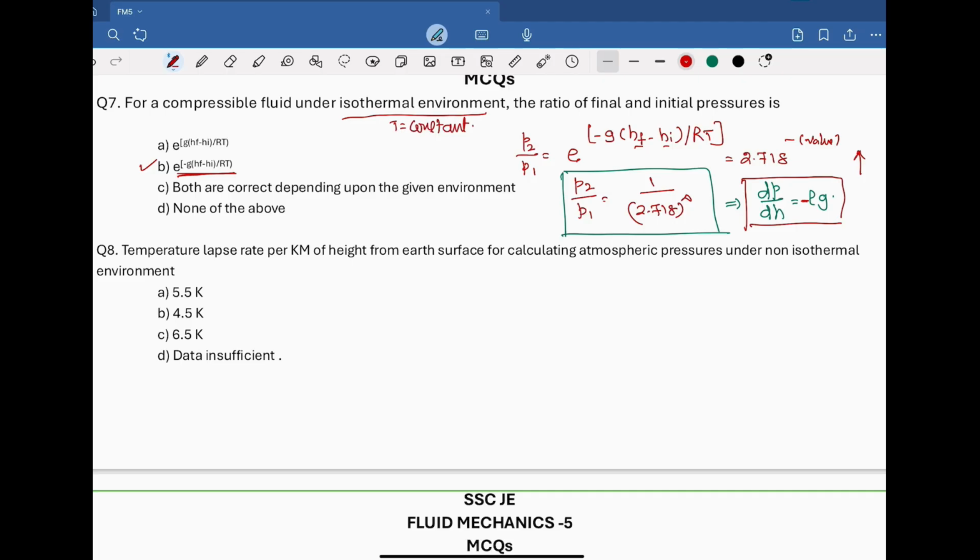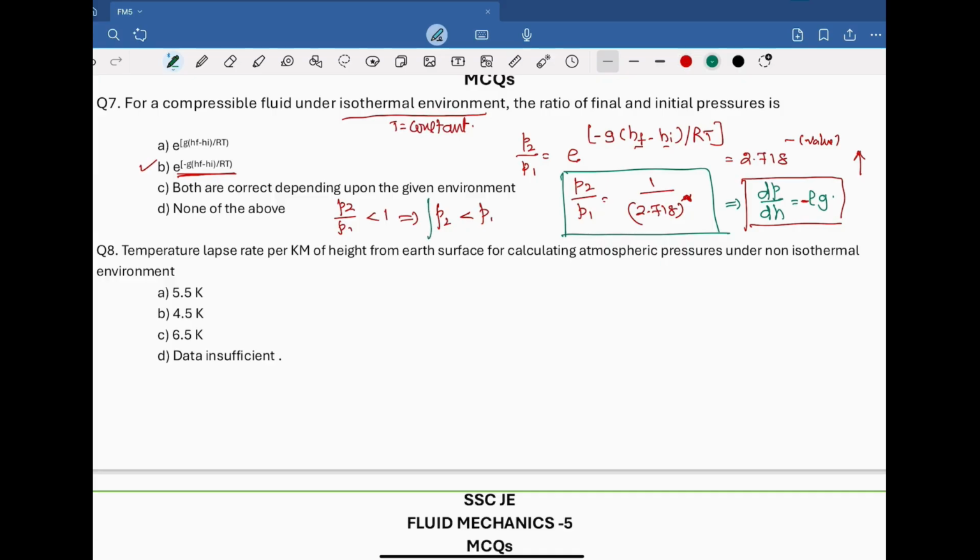I have told you. Pressure decreases with height when you measure upwards. This is P2 by P1 is less than 1, which implies P2 is some value x. P2 is less than P1.